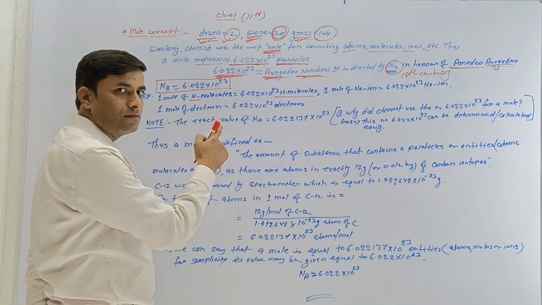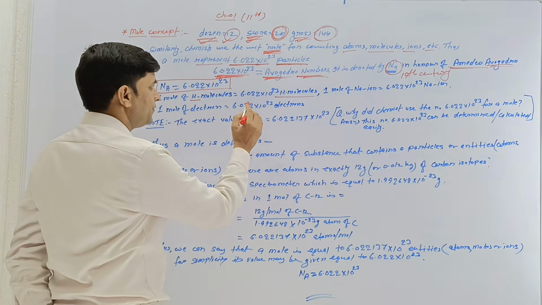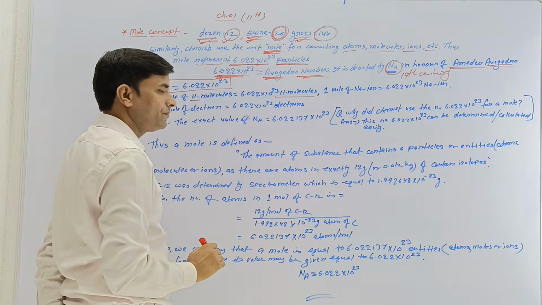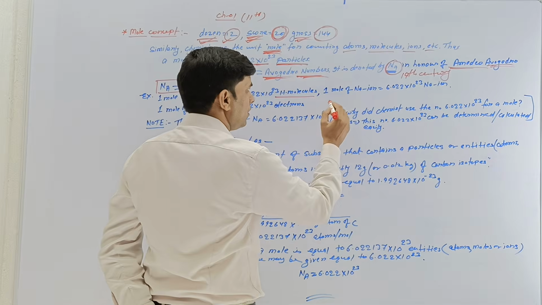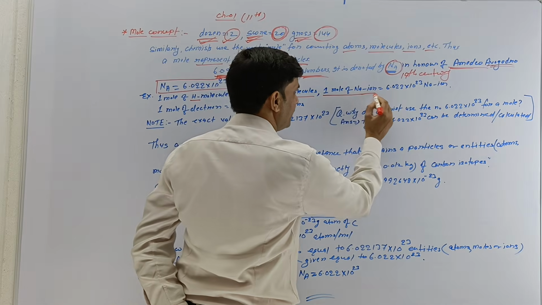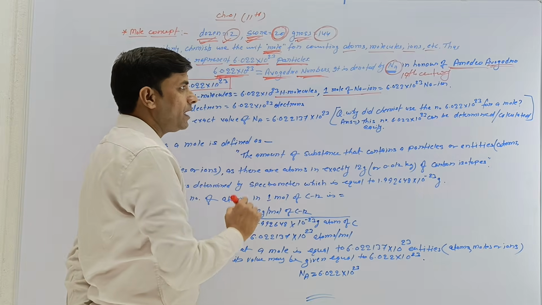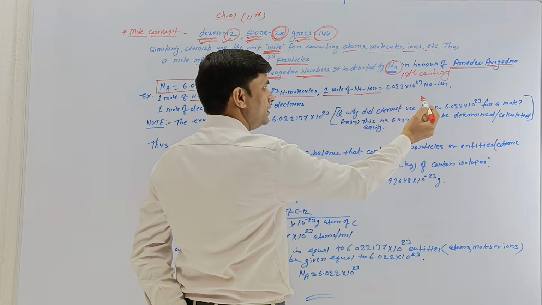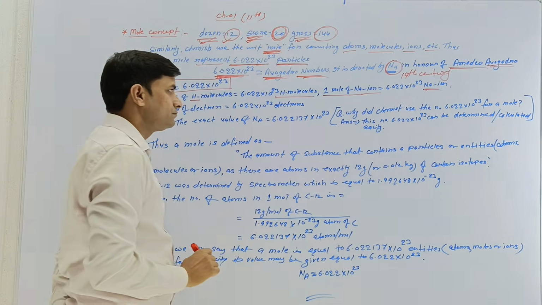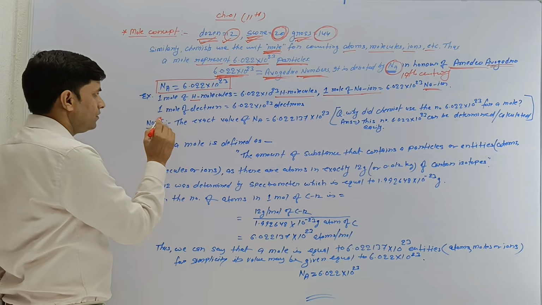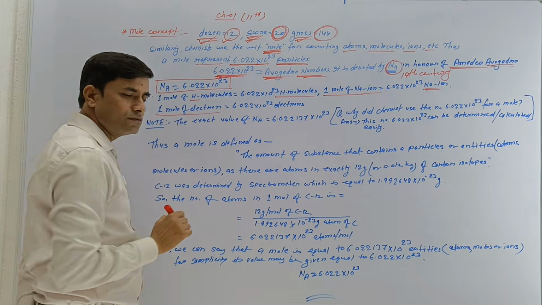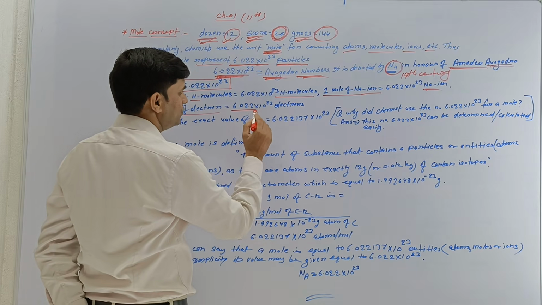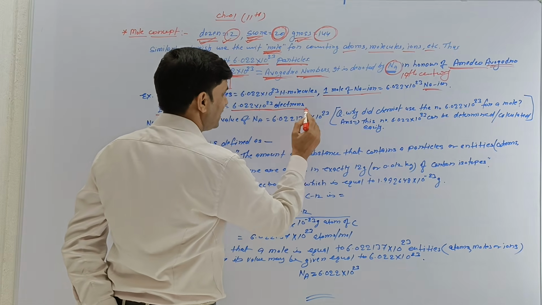Again, a mole of sodium ions means 6.022 into 10 to the power 23 sodium ions. Again, a mole of electrons means 6.022 into 10 to the power 23 electrons.